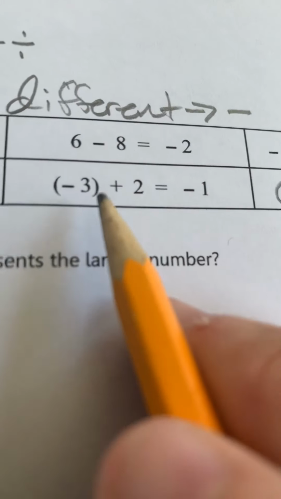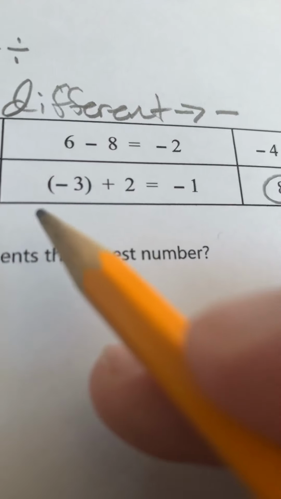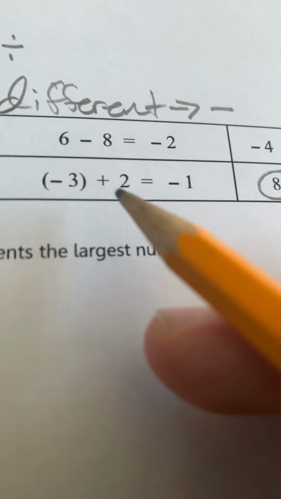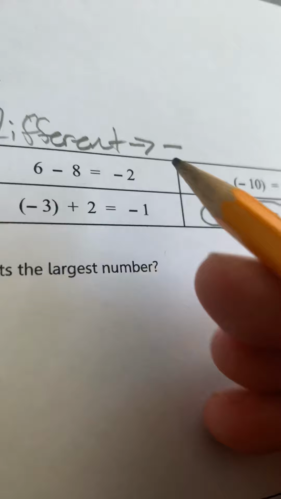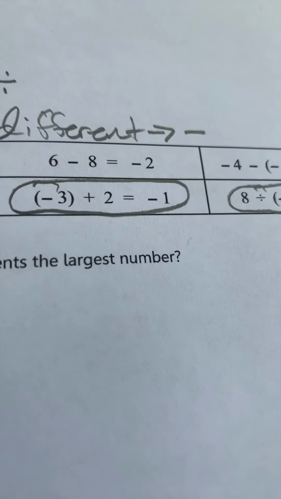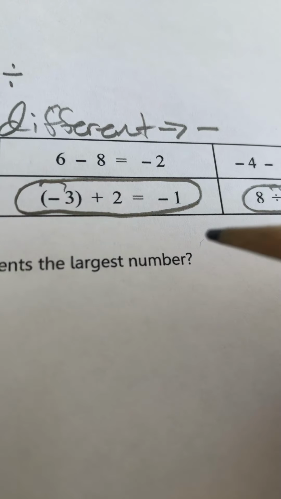Okay. Down here, negative 3 plus 2, does that give me negative 1? Well, negative 3 is further away from 0 than positive 2, so my answer should be negative, and it is. And 3 minus 2 is 1. So that one is true. 6 minus 8 is equal to negative 2.